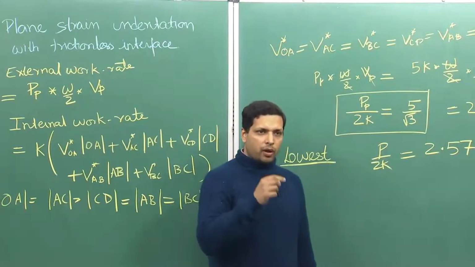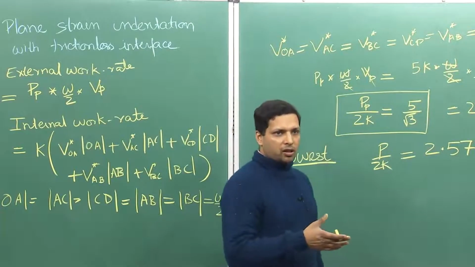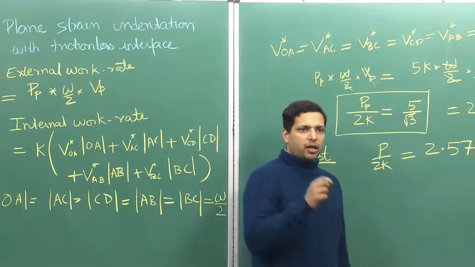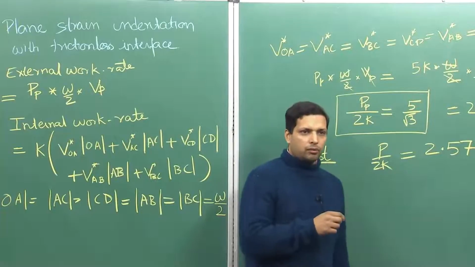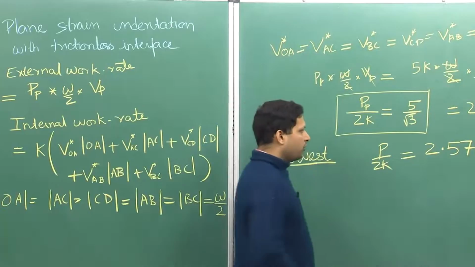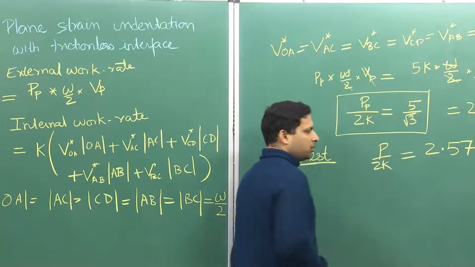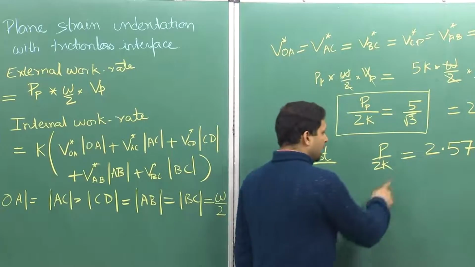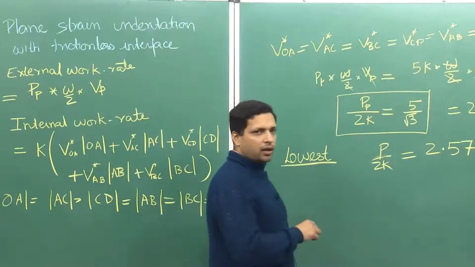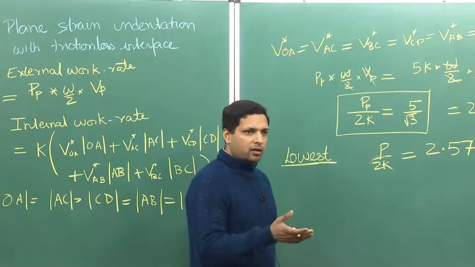In hardness also you are indenting a punch, and based on the resistance the material shows, you measure hardness, and here also you are punching the indenter into the material, and based on that you get a value of P over 2K. So, this gives you a relation. P can be related to the hardness, K can be related to the material strength. So, this will give you a relation between hardness and the yield strength.